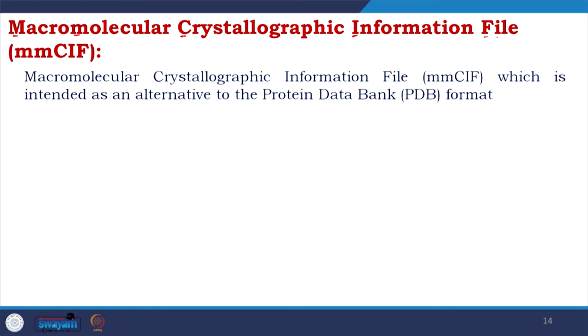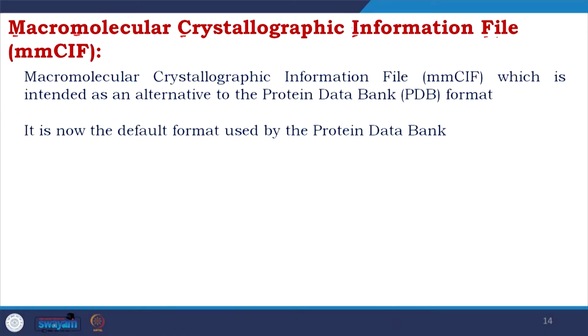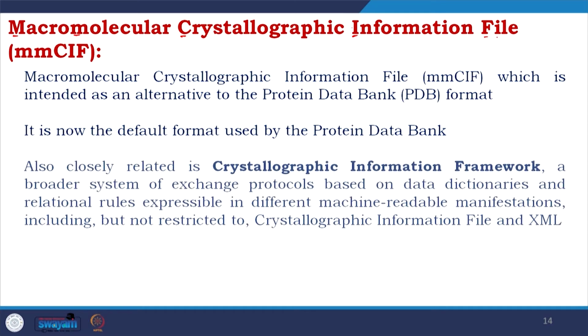Macromolecular crystallographic information file, which is intended as an alternative to protein data bank format. As I told, we are going to talk about PDB format in even more detail, but mmCIF is an alternative to protein data bank format. It is now the default format used by the protein data bank.